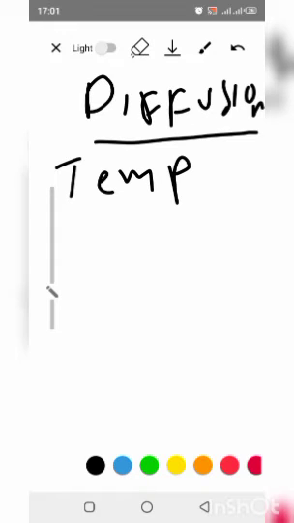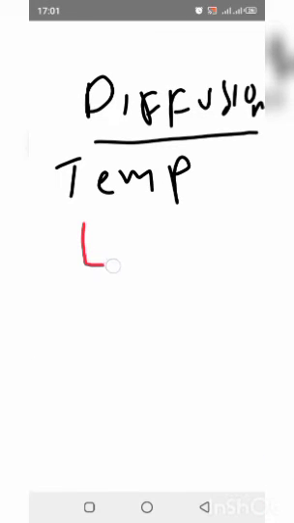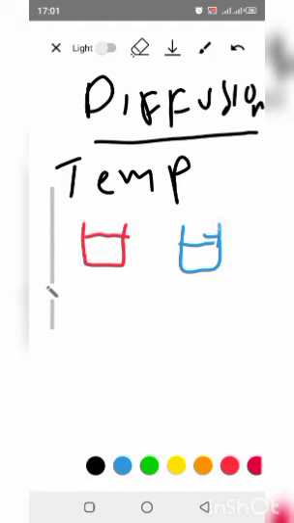For example, when you have hot tea and cold tea, and we put sugar in both, of course the sugar in hot tea is going to dissolve faster than the sugar in cold tea. Why? Because the sugar particles in the hot tea have a higher amount of energy, and thus move at a faster rate than the sugar in cold tea.